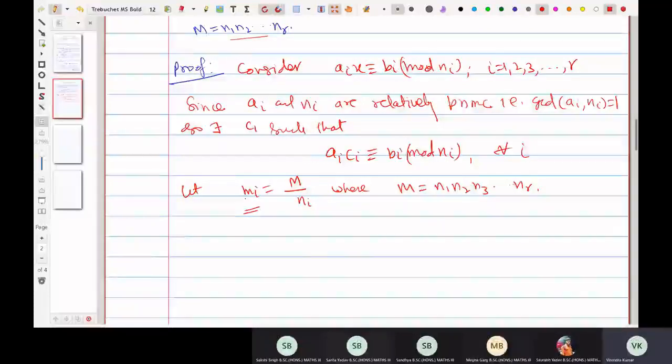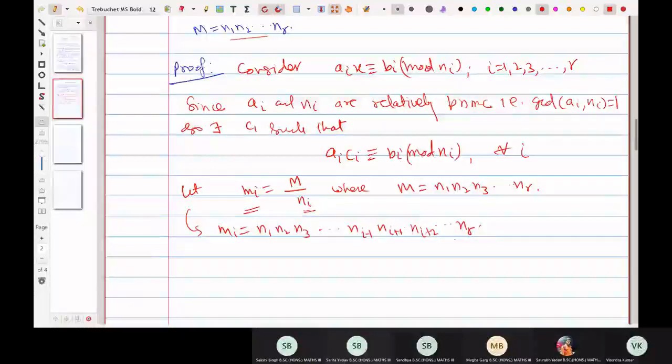It means that m_i doesn't contain n_i. You can write m_i equals n_1, n_2, n_3, and so on, n_{i-1} is there, n_{i+1} is there, but n_i is missing because you are dividing by n_i, and then n_{i+2} and so on, up to n_r.